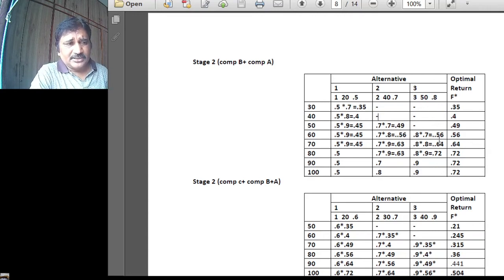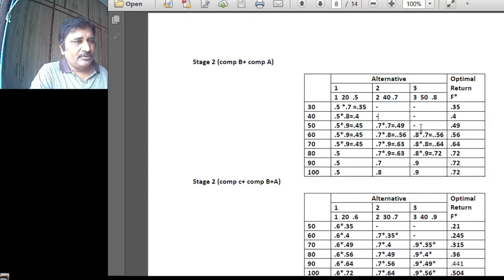And likewise for the third alternative, the minimum cost for a three component bank is 50. Minimum cost is 50, but you have to keep in mind that minimum 10 rupees are required for component A, that is the component considered earlier, right? So till 50 you will be putting a dash.